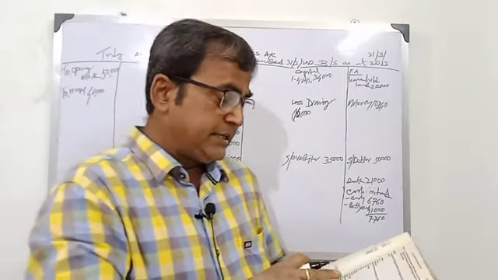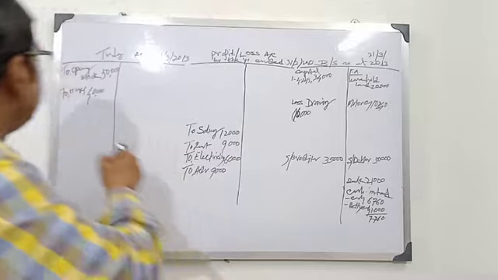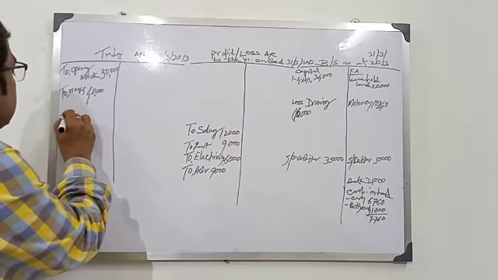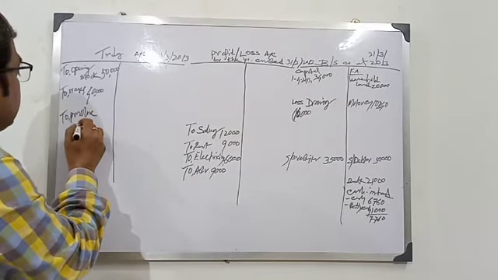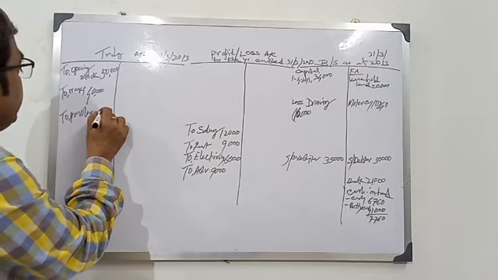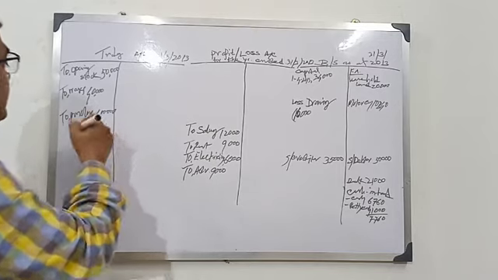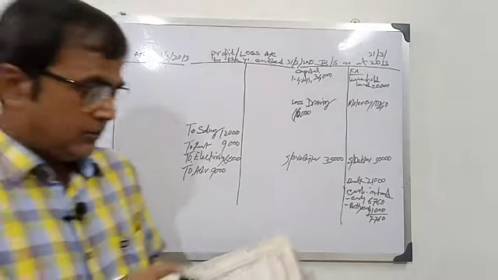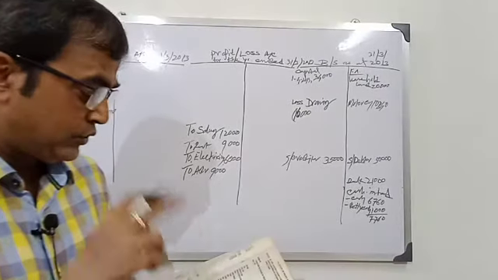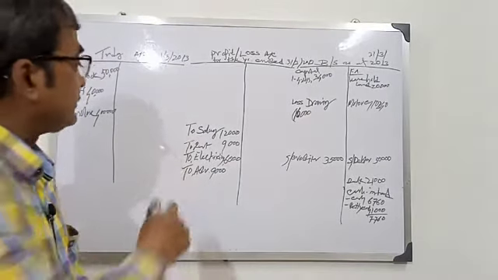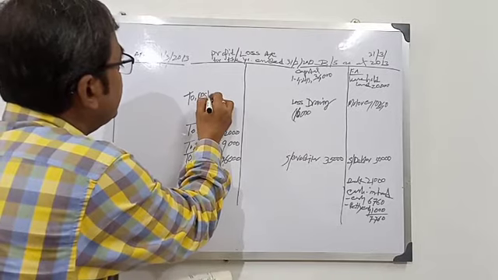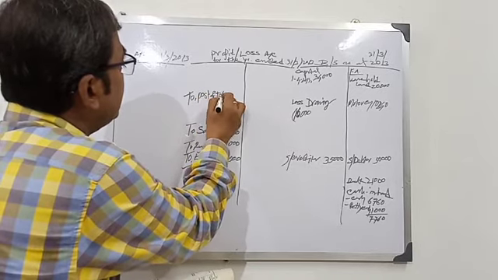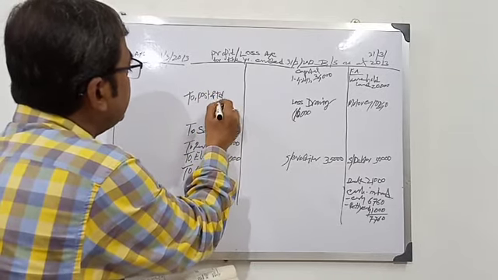Now debit balance purchase, 4 lakhs, to purchase 4 lakhs. Now postage and telephone 3,000, to postage and telephone 3,000.